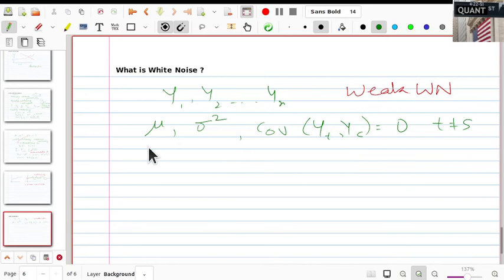If we are not given mu, it's assumed to be 0, and then the weak white noise process is simply defined by gamma 0 equals sigma square and gamma h equals 0 if h is not equal to 0.